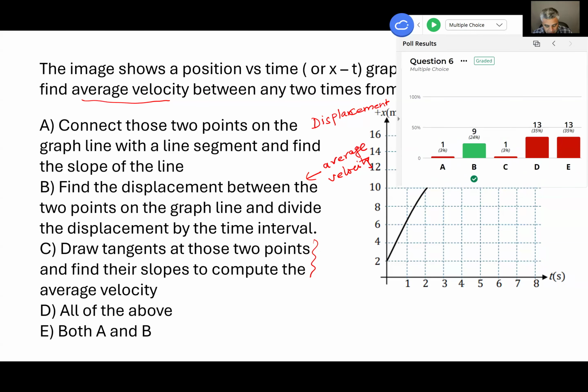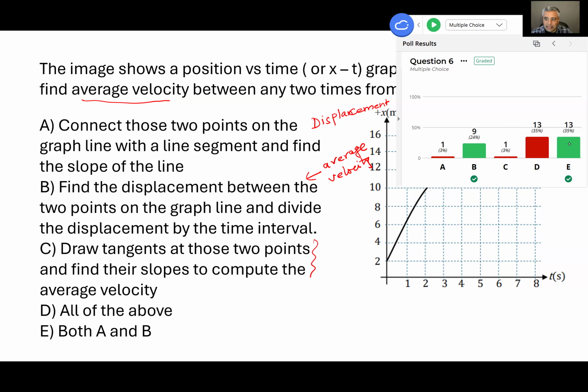And looks like if we are talking about the whole process, we can have E as the correct answer as well. So both A and B can be combined to find it. I think if you are given just one choice, B would be the best choice in this case. But you can include A if you're talking about the process, right?